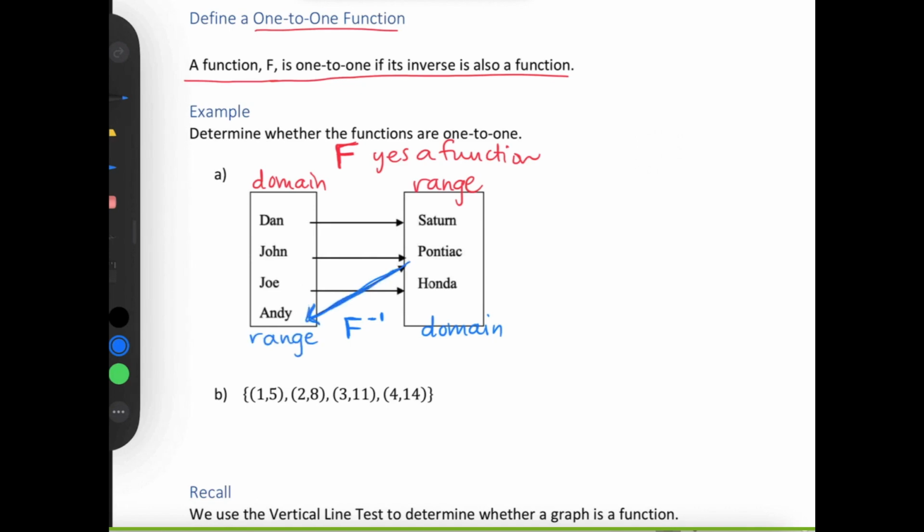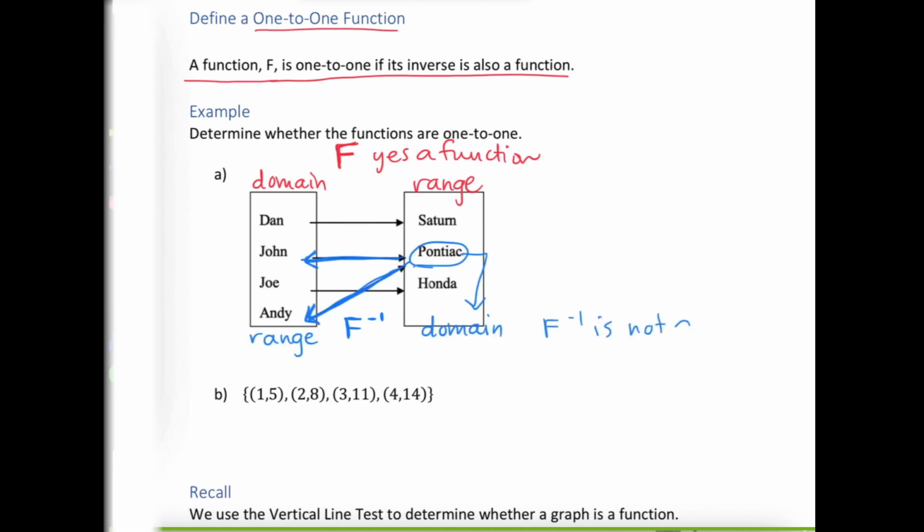So we're mapping from the Pontiac to Andy, and we see actually the Pontiac goes to two different range elements. So this, which is now part of the domain, is going to two different range elements, and so we would say f inverse is not a function, and if the inverse is not a function, we would say then, therefore, the original was not one-to-one.